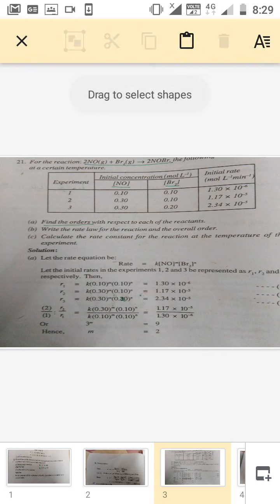Then the Van't Hoff equation is R2 divided by R1, that is the rate expressions for the first and second experiments divided. The equation is R2 divided by R1 equal to K into concentration 0.30 to the power m into concentration 0.10 to the power n divided by K into 0.10 to the power m and 0.10 to the power n.